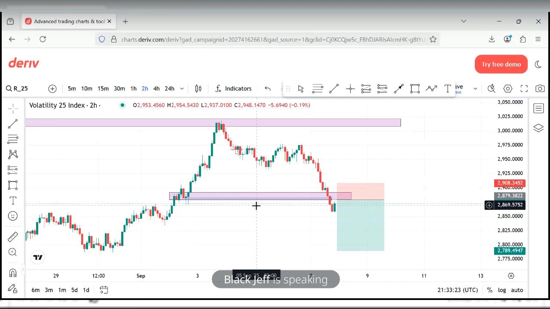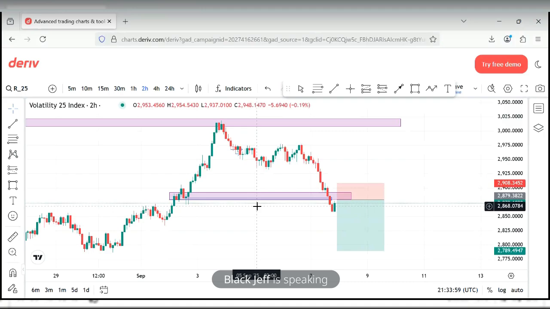Let's say there are three time frames you can use in marking key levels. What are these three time frames? Number one is your 2 hours time frame. The 2 hours time frame is the main time frame to use to mark key levels.